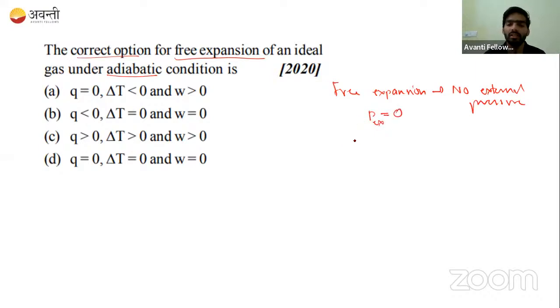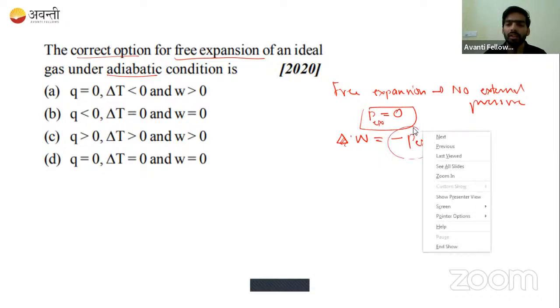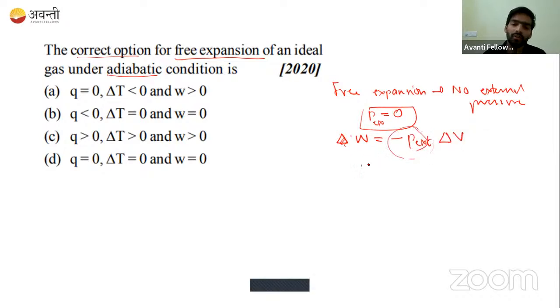Then work done, which is P external delta V, and if P external is zero, then the whole work done will become zero. In the options, there are only three options where work done is zero: the first, the second and the fourth.